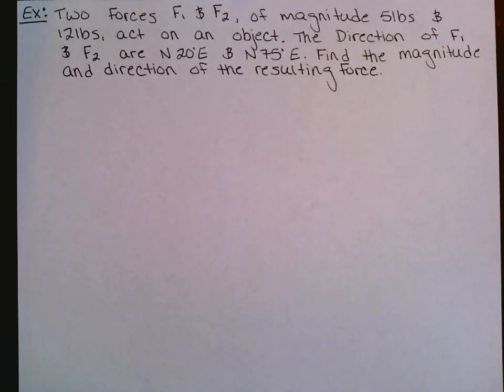The direction of force 1 and force 2 are north 20 degrees east and north 75 degrees east. So let's take into account that both of these are in order. The 5 goes with the first one, the 12 goes with the second, and then this north 20 goes with the first force, and north 75 goes with the second force.